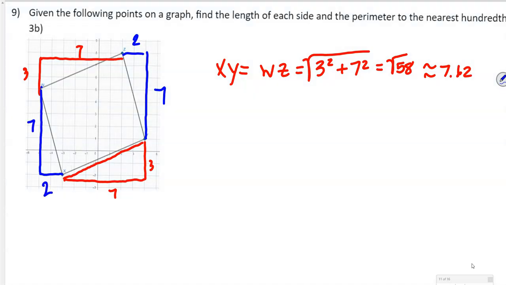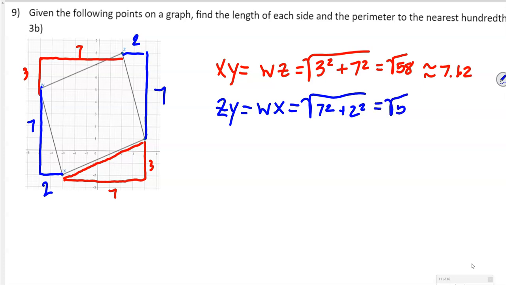So once again, we should see that ZY is going to be equal to WX. And that's going to be the square root of 7 squared plus 2 squared, right? So that's going to be 49 plus 4. So that's going to be the square root of 53. And that is approximately 7.28, right?